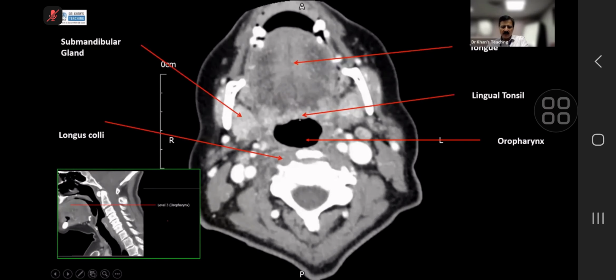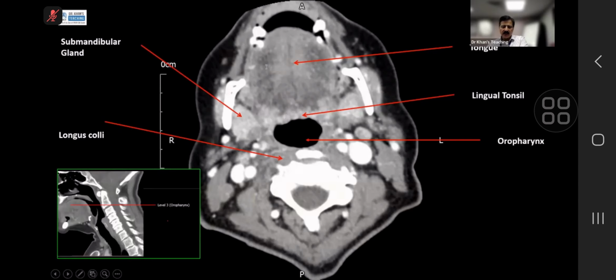Now on the tongue base, if you see here where I am pointing out, you can see that the density is slightly larger, slightly brighter. So this is the lingual tonsil. And on MR, particularly on the STIR sequence, this will be high signal. This is the lingual tonsil.